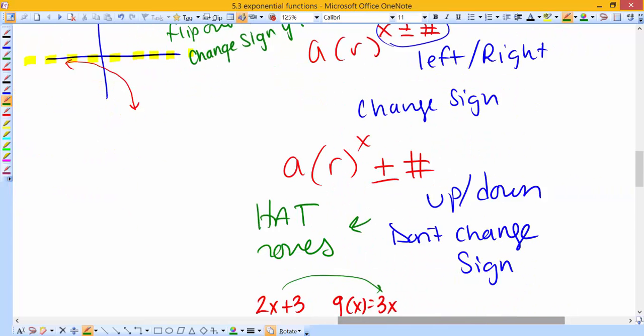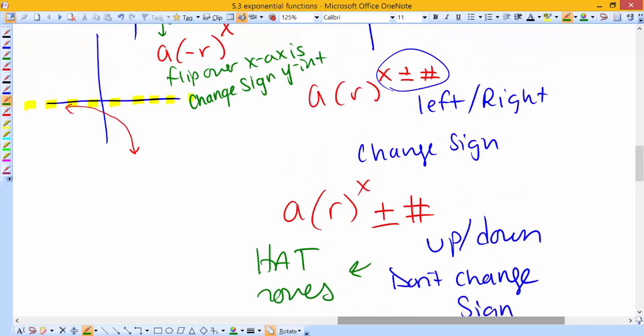Quick little shortcuts here. How do I know when to move a function left or right? Well, with our polynomials, with our quadratics, basic cubics, our parent functions of polynomials, and all the other parent types of functions, you are used to this: if it's inside with the x, you move it left or right and change the sign.